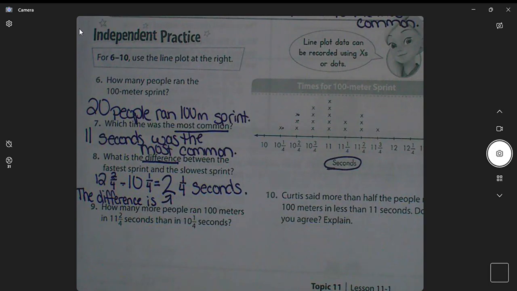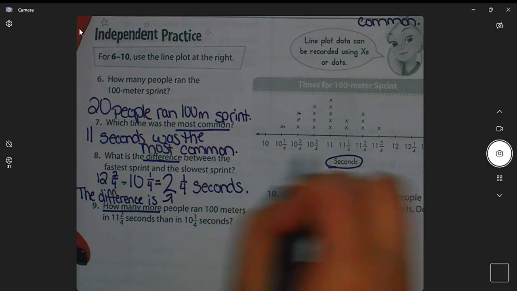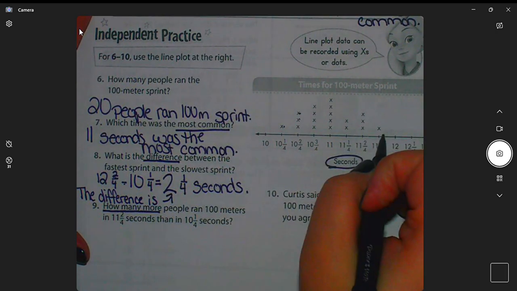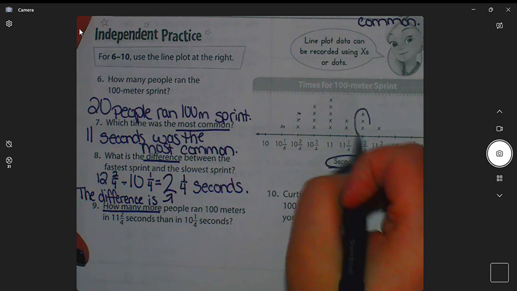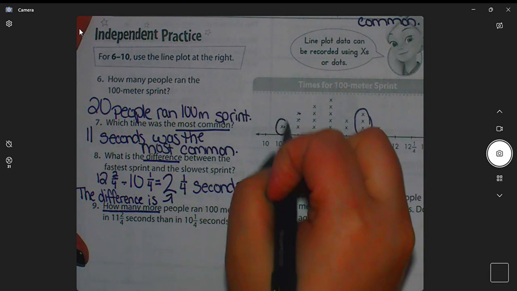How many more people ran 100 meters in 11 2/4 seconds than 10 1/4 seconds? So, how many more? What is that asking me to do? Yes, I am going to subtract. But I'm not subtracting my time. I'm going to subtract my X's. So 11 2/4, 10 1/4.